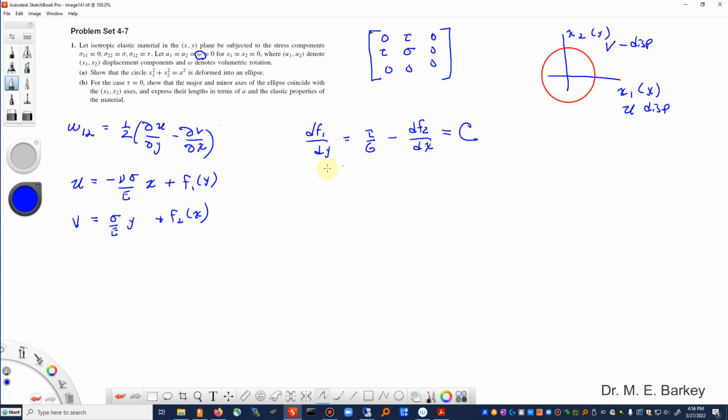Well, that allows me to work with this a little more easily, so I have two equations now.